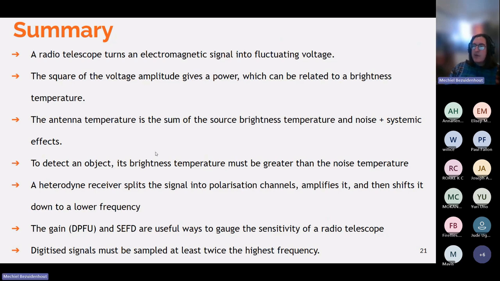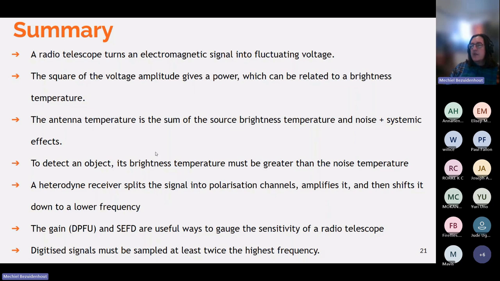The antenna temperature that we measure, which is the total temperature of the system, is the sum of the source brightness temperature and the noise and systemic effects. So in order to detect an object, you have to have a brightness temperature that's greater than the noise temperature.